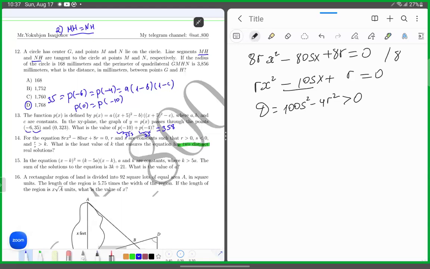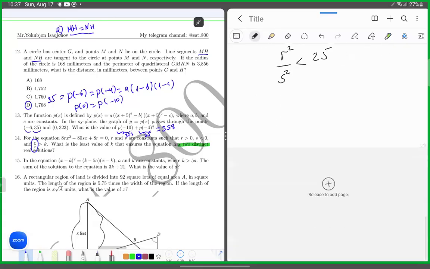Exactly two distinct solutions, so it is a strict inequality. 100s squared is greater than 4r squared. After dividing both sides by 4, you get 25s squared greater than r squared. You need information about r over s, so I will divide both sides of this inequality by s squared. I will get r squared divided by s squared less than 25. Good.